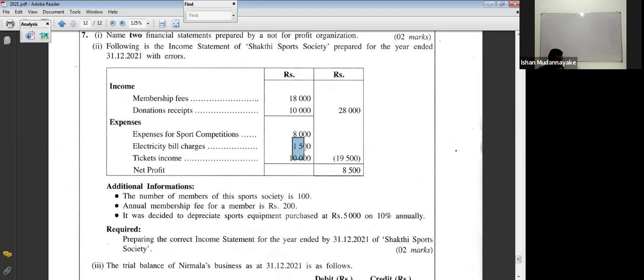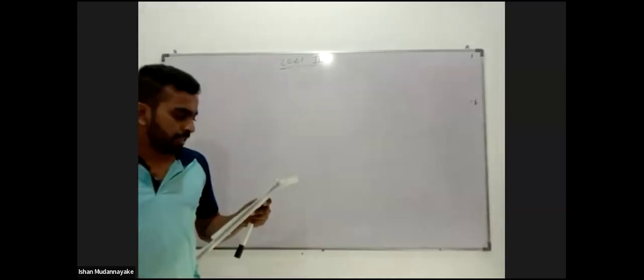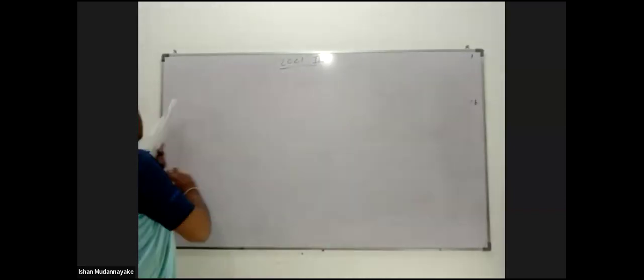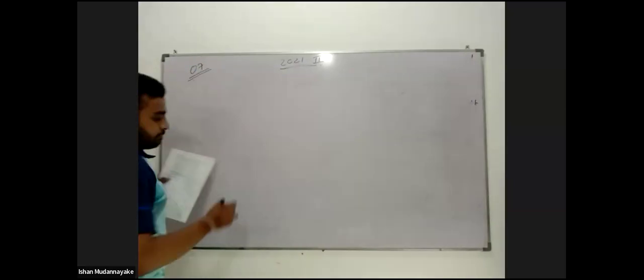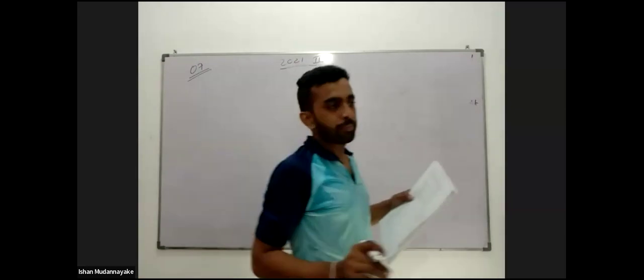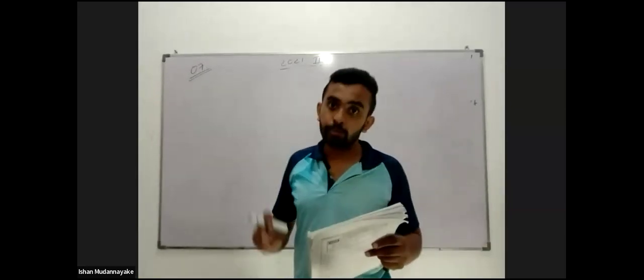Here, prepare the correct income statement for the year ended 31 December 2021 of Shakti Sports Society. Here there are some mistakes. Now you know, we have discussed the profit and loss statement of a sole proprietorship business as well as the income statement of a non-profit organization.